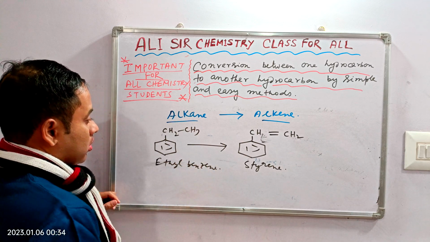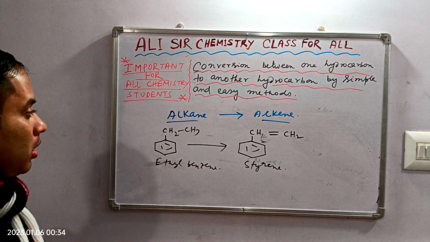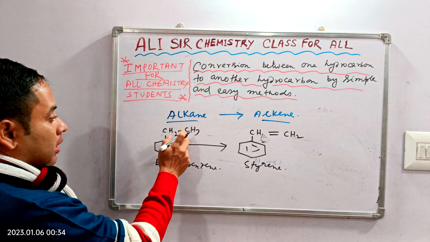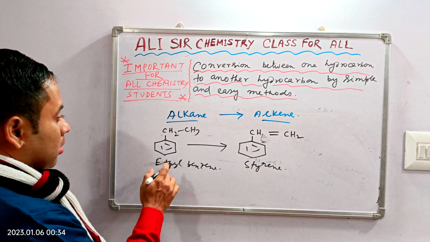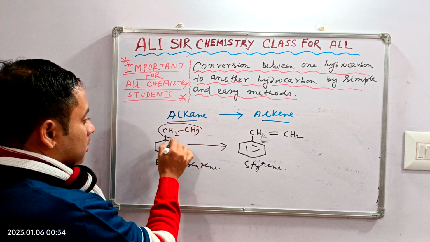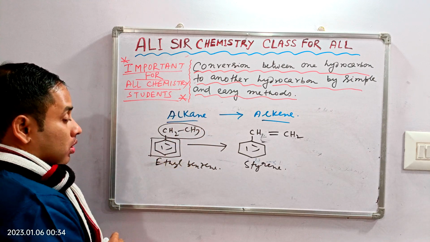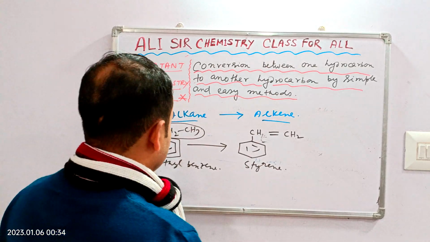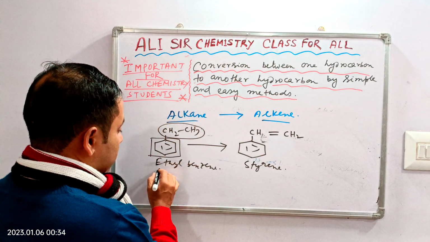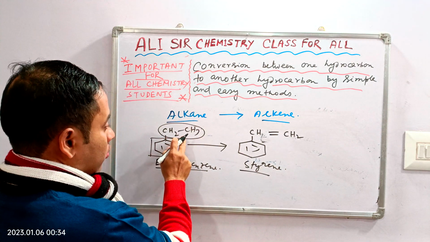So this is one type of hydrocarbon, which is aromatic hydrocarbon, due to the presence of this ring. So how can we convert this type of problem? Ethyl benzene to styrene. You see what the change is?